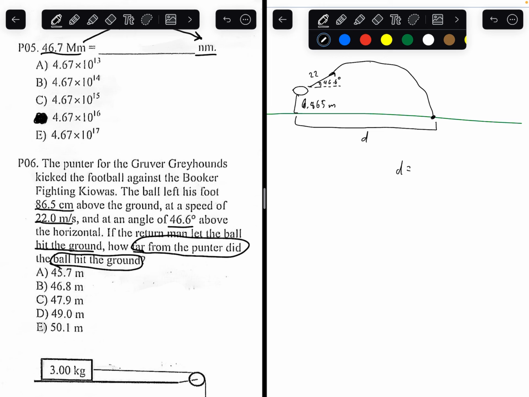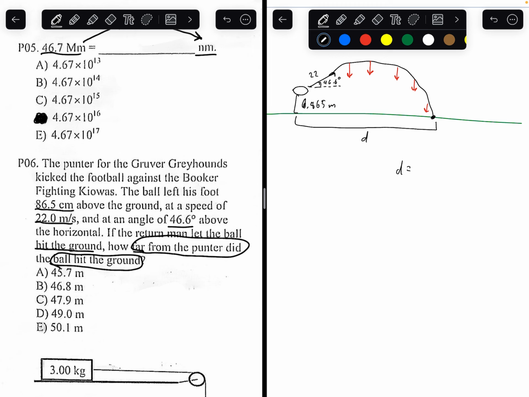Well, when you think about it conceptually, the only force acting on the ball is gravity. That's one thing you have to keep in mind. Gravity points only in the y direction.